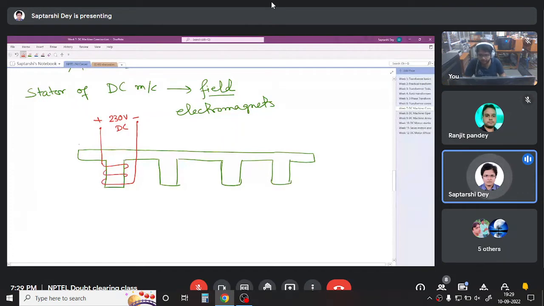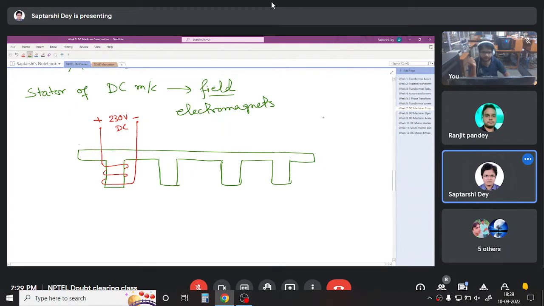Right now, can someone tell me what this pole is? Is it a north pole or south pole, as far as our convention goes? North Pole? You are guessing? Yes, sir.